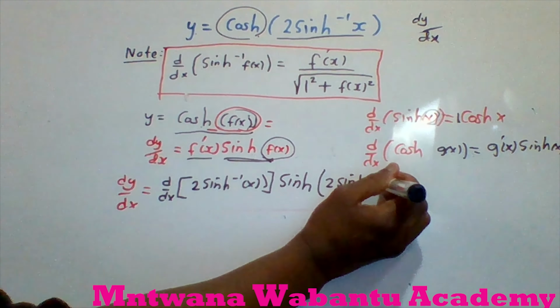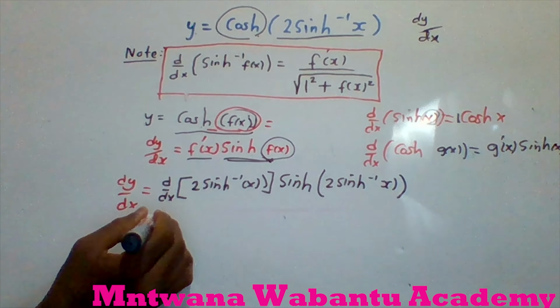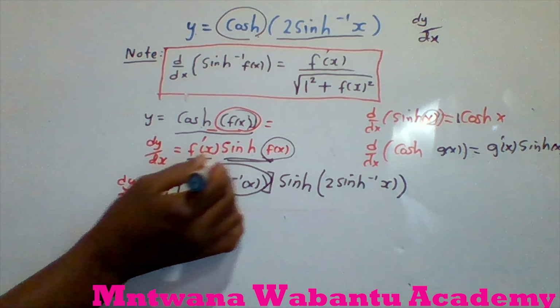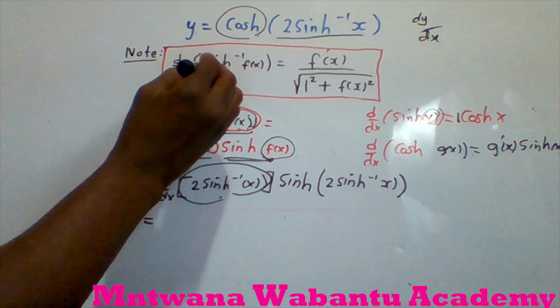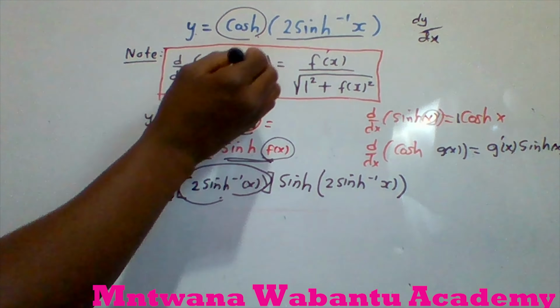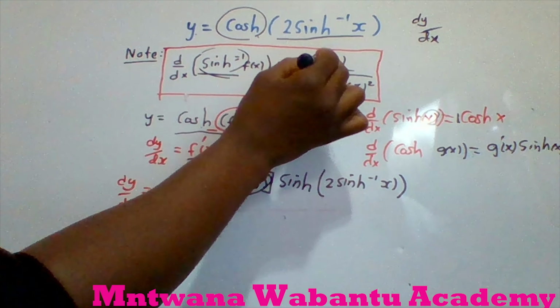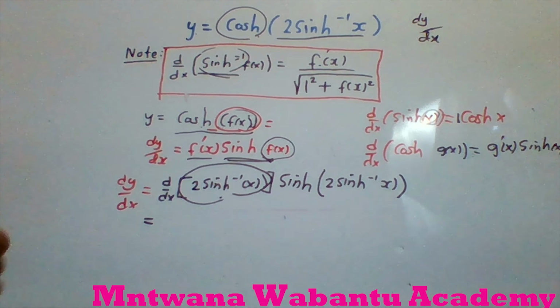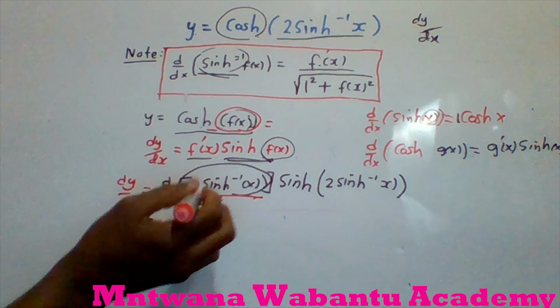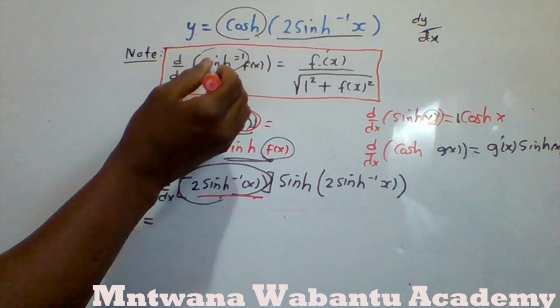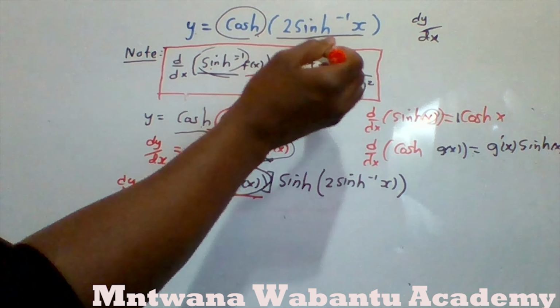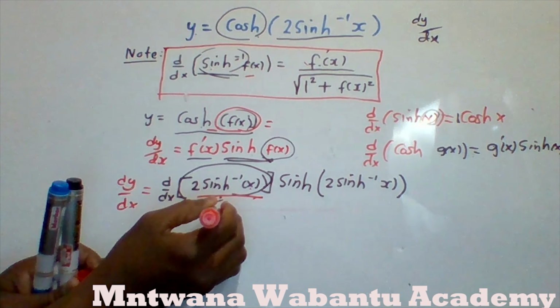Now when you differentiate sinh inverse, you get the derivative of the function over the square root of 1 plus the function squared. What is the function? It is x, so we get 1 over the square root of 1 plus x squared.